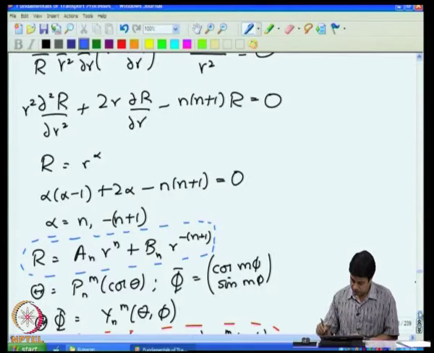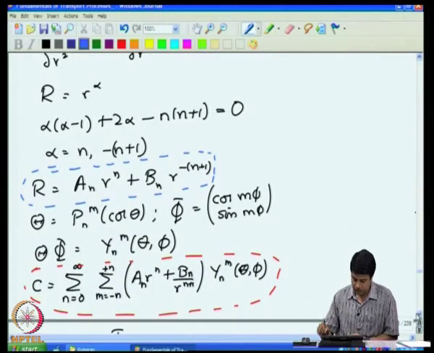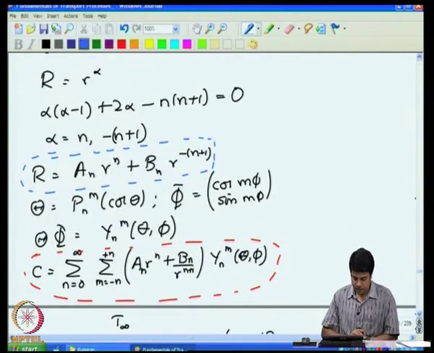So, finally, I get these spherical harmonic expansions. Concentration is equal to a n times r power n plus b n by r power n plus 1 times Y n m of theta phi, where Y n m is the product of the Legendre polynomials P n m of cos theta as well as cos and sine functions in the phi coordinate.